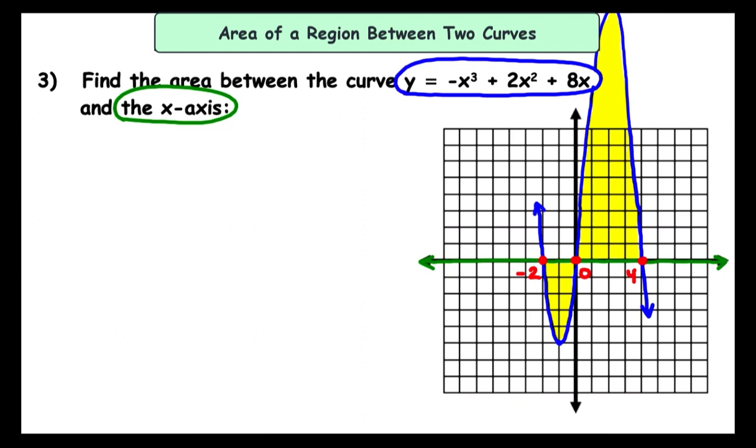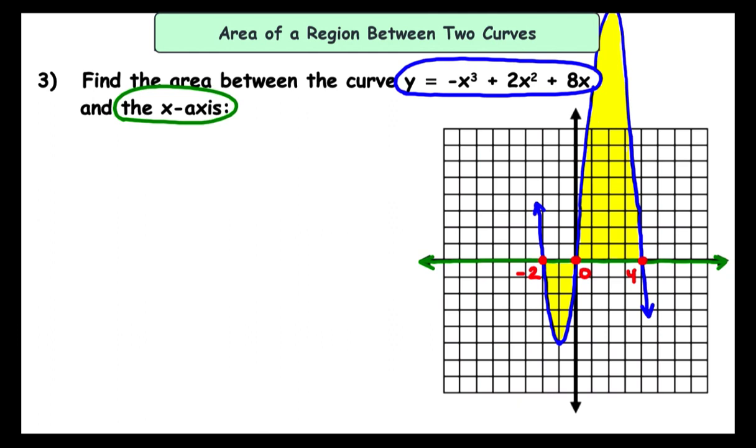So we're going to set up the integral. Each time, obviously, it's going to be top minus bottom. We cannot go sideways. Not that we'd want to, but if you went sideways, you'd be getting blue minus blue, which is not cool. The most efficient way to do this would be to integrate from -2 to 0, but put a negative in front of that integral. And then integrate from 0 to 4, but leave that positive.